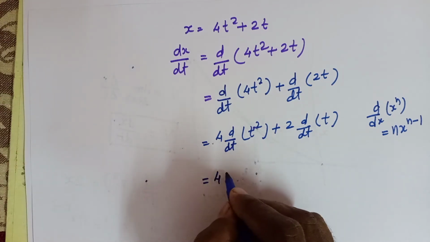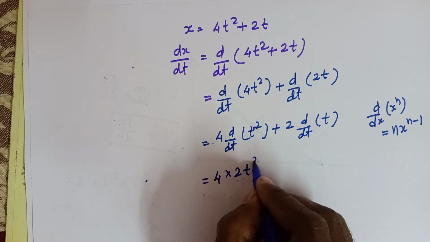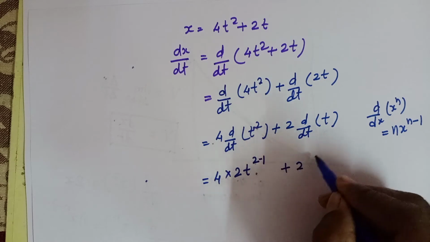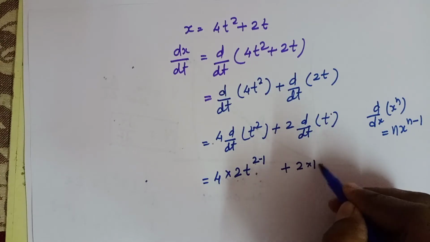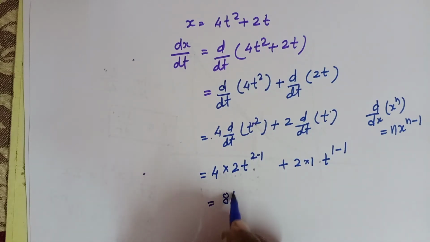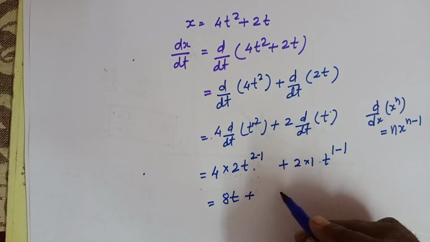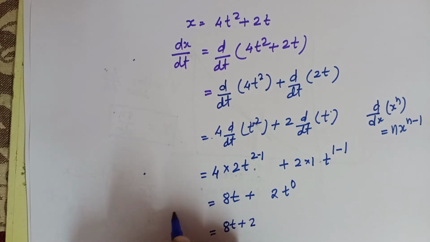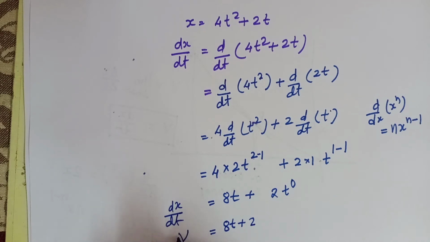So it will become 4 into 2t to the power 2 minus 1, plus 2, its power is 1, so it will be 1t to the power 1 minus 1. It will become 8t plus 2t to the power 0. Something to the power 0 is 1, so it will become 8t plus 2. It will be equal to dx by dt, that means the velocity. So the velocity will be this.